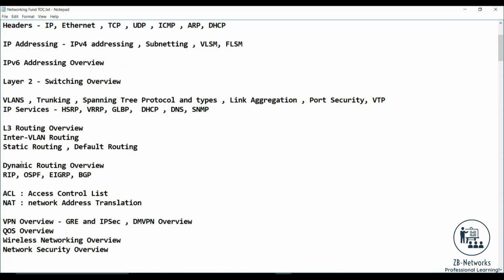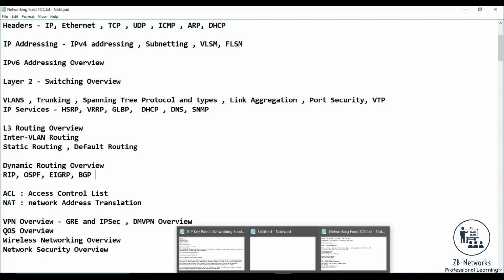So first of all, let's talk about what is the meaning of dynamic routing. I mean, dynamic routing is as simple as that.